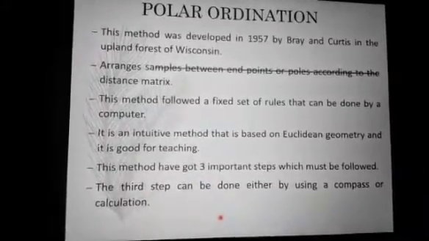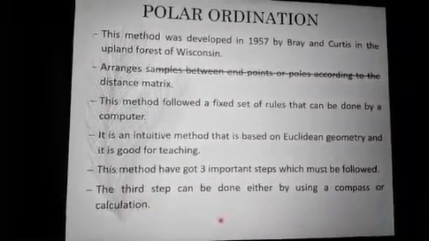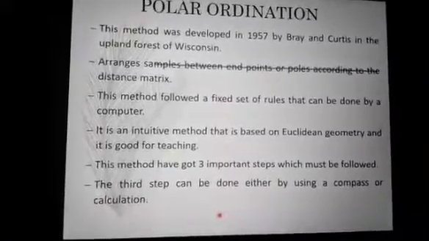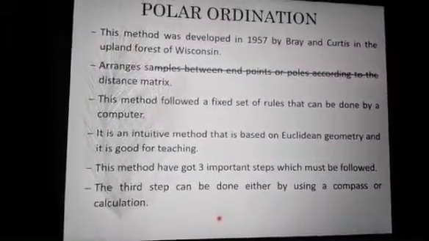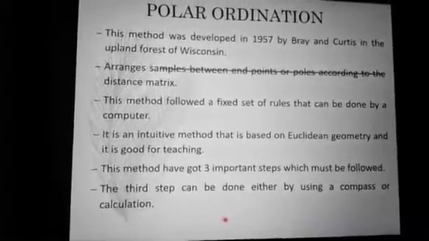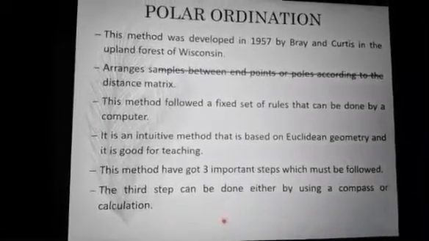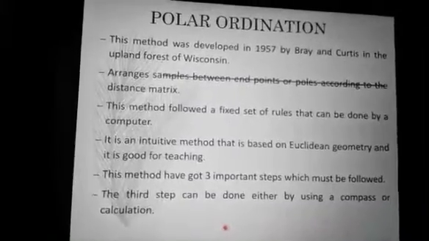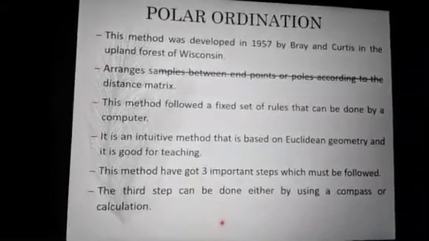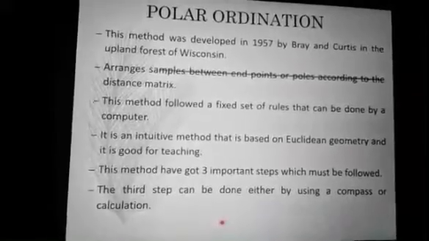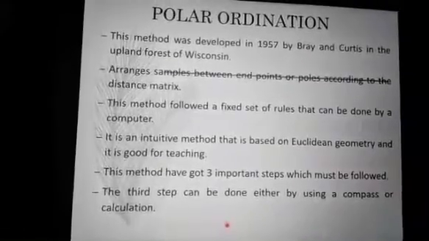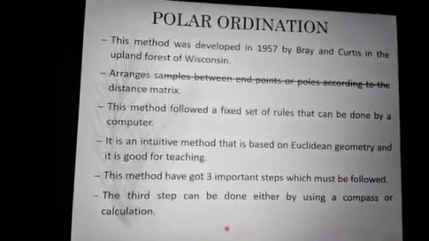It is an intuitive method that is based on Euclidean geometry, and it is said to be good for teaching. This method has 3 important steps which must be followed. The third step can be done either by using a compass or calculations.